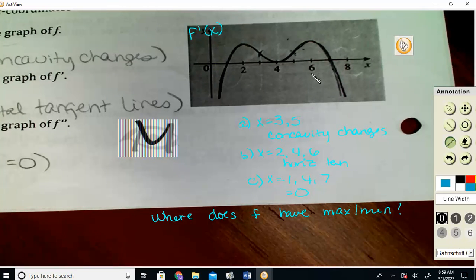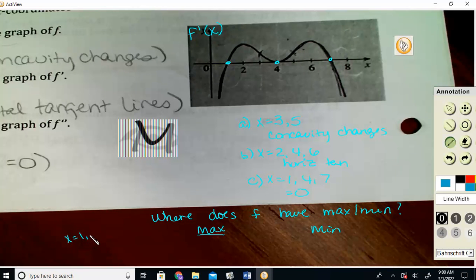So if I'm looking at the first derivative, okay, think about a graph. If I ask you to find the maxes and mins, what do you do? You take the first derivative and find out where it is 0. So we would have one everywhere this was 0, which is at 1, 4, and 7. Can you tell me which of those would be maxes and which ones would be mins?